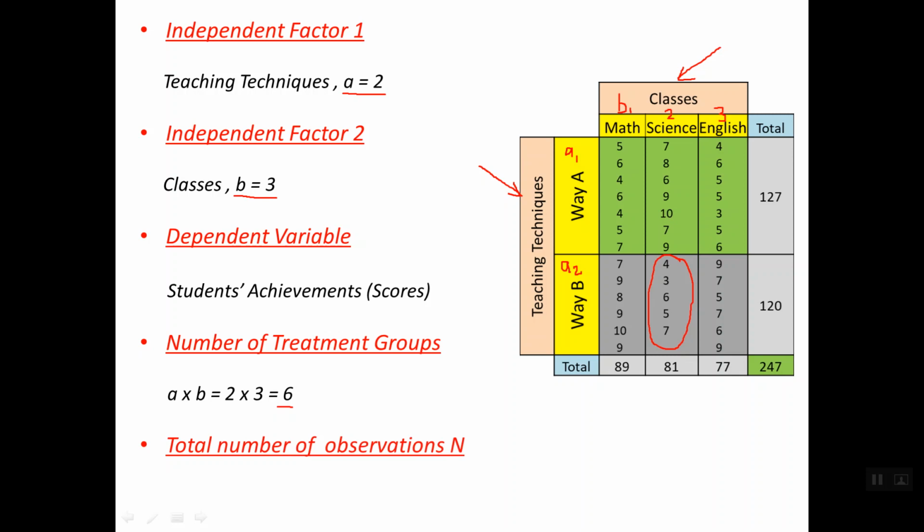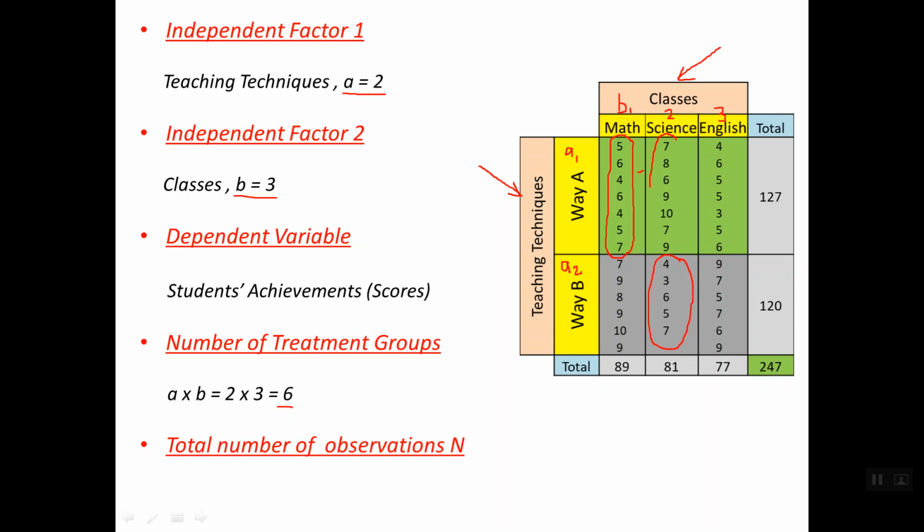Regarding the total number of observations, which is denoted by capital N, it is simply the total number of observation for the 6 groups. So for this group, if we count for the number of observation, we find 7.